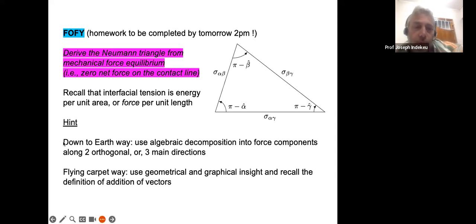And it's interesting, it's correct, but it's a little bit of a hard work to do compared to the flying carpet method, which is surprisingly simple and surprisingly not mentioned in most textbooks or documentary materials. And that is to use geometrical and graphical insight and recall the definition of addition of vectors from your standard mathematics.